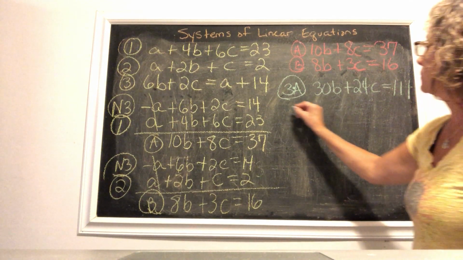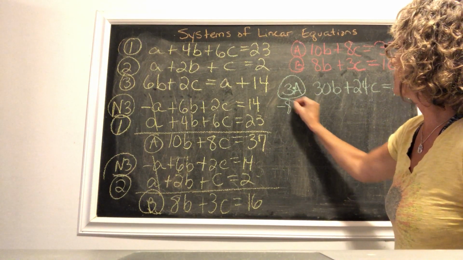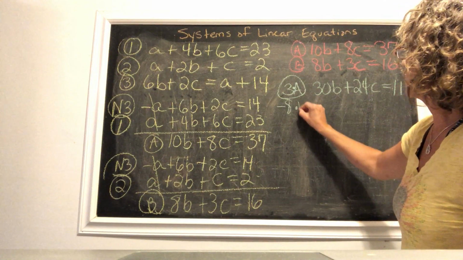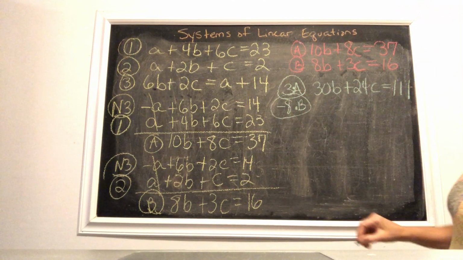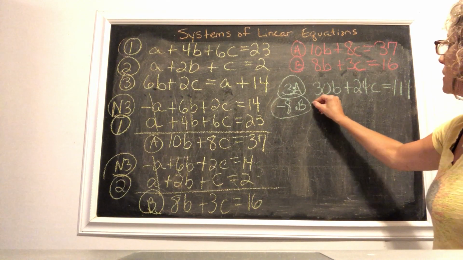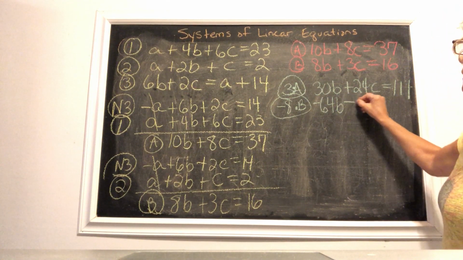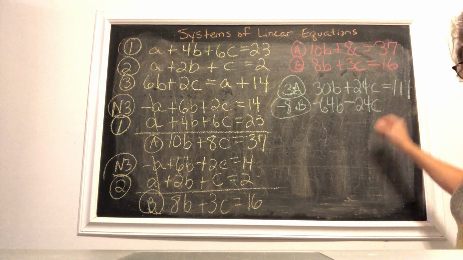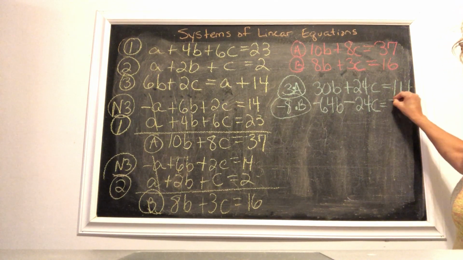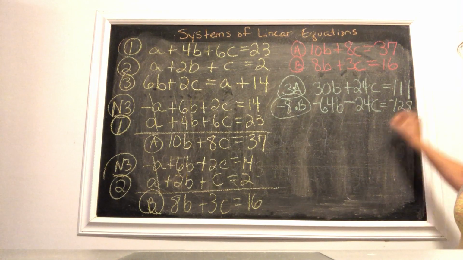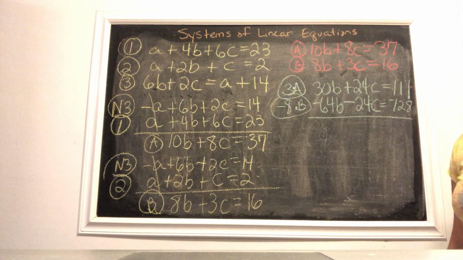And then I'm going to multiply negative 8 times equation B, and that's going to give me negative 64B minus 24C equals negative 128. Okay, that could be combined.